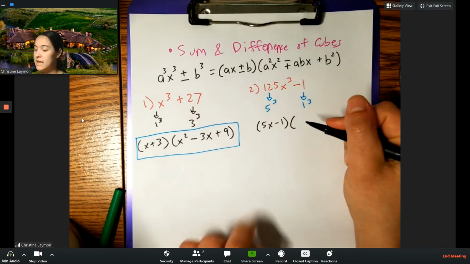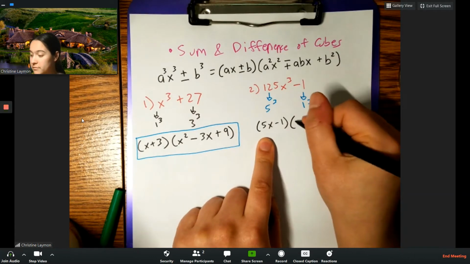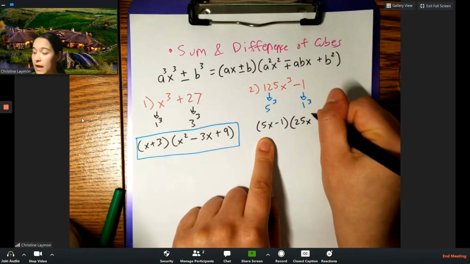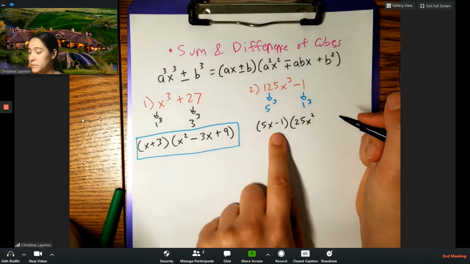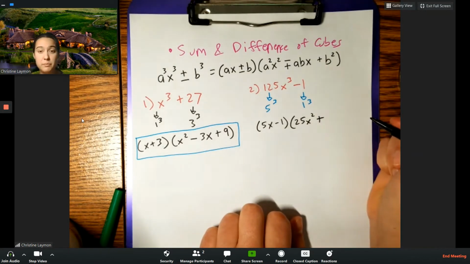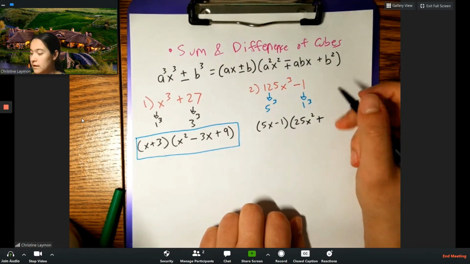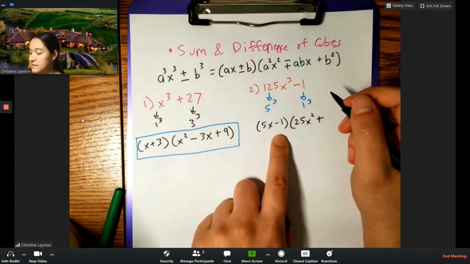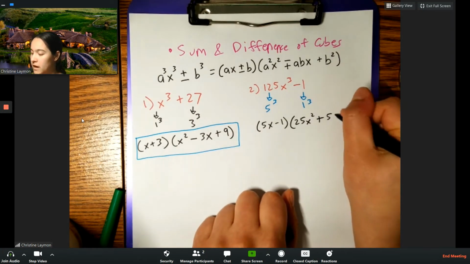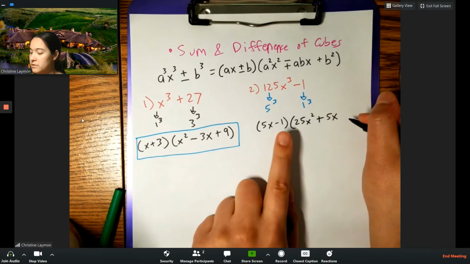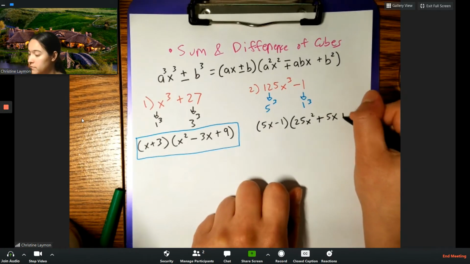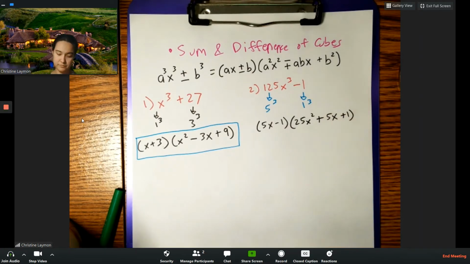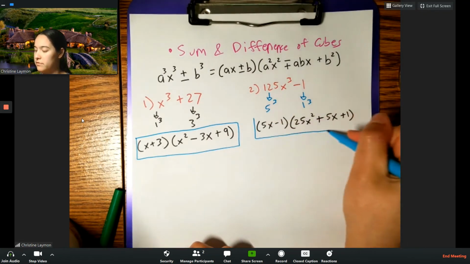In the next set, take this and square it. 25x squared. This was a minus, so I'm now using a plus. And I have first times last, so 5x, and then finally end with this term squared, plus 1. And go ahead and block that off.